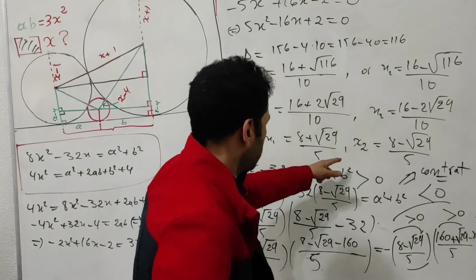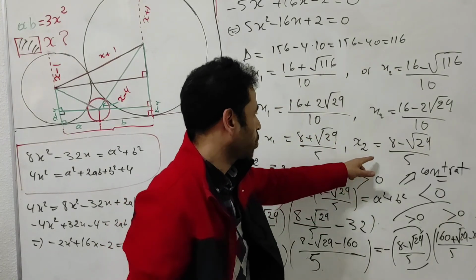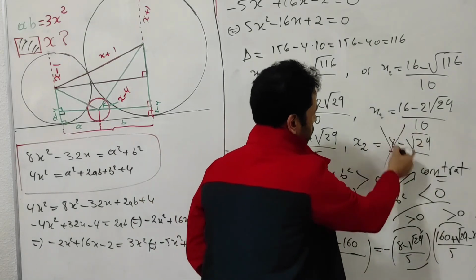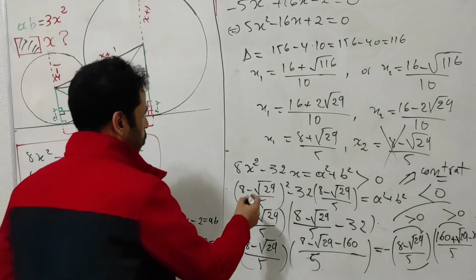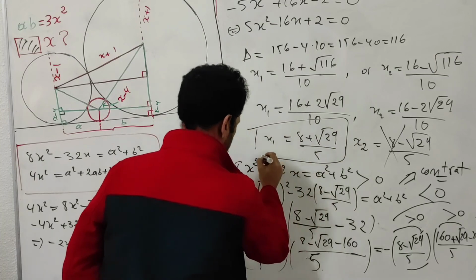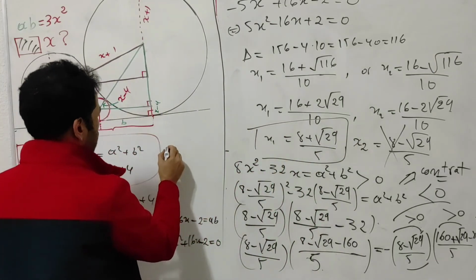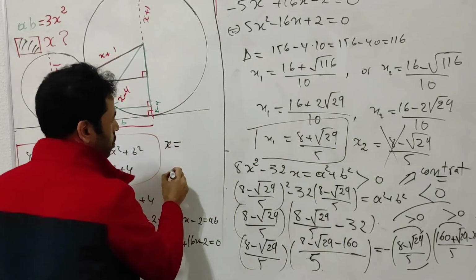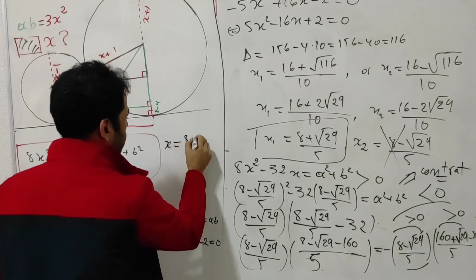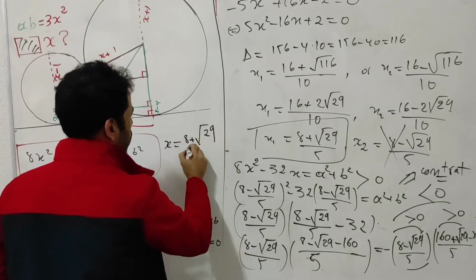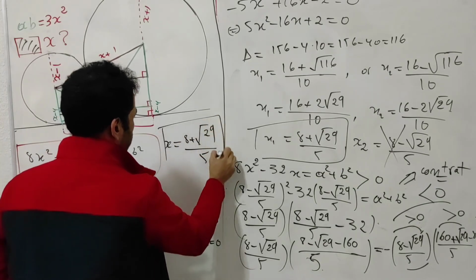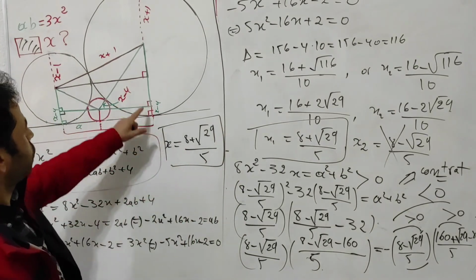Okay, now x2 as a solution will be eliminated. So we'll have only one solution, which is this one. So x equal to 8 plus square root of 29 over 5. This is the distance x of this radius.